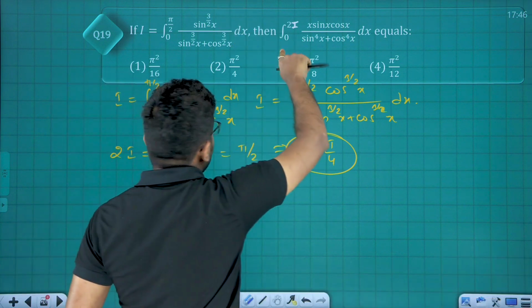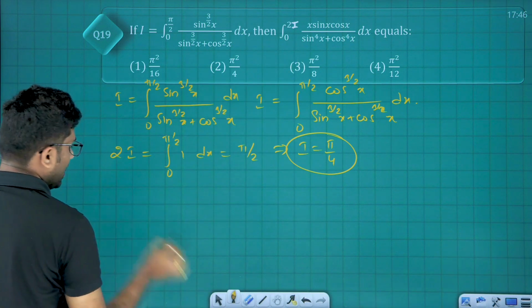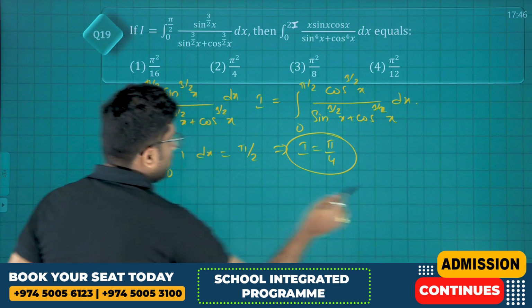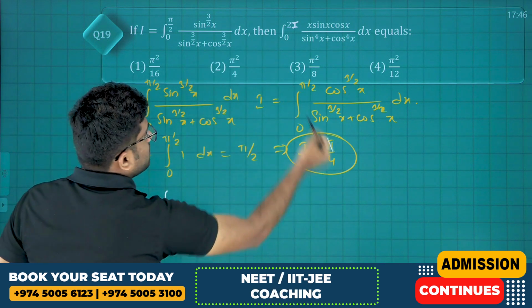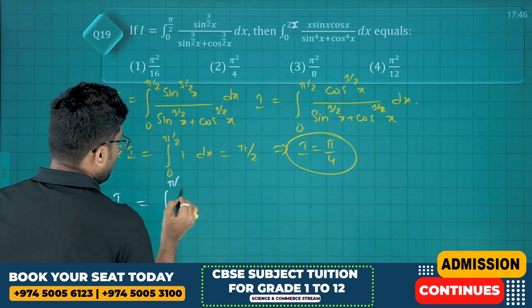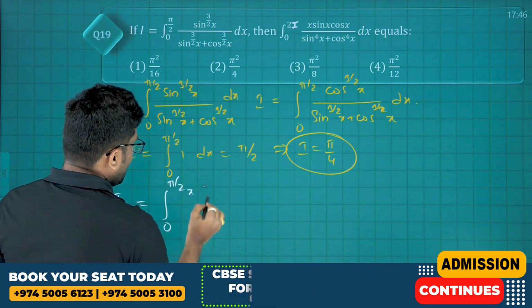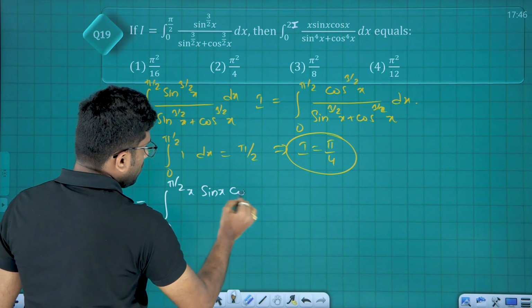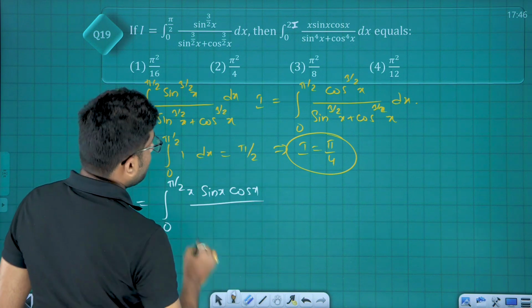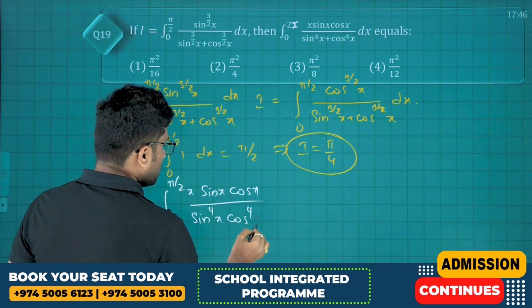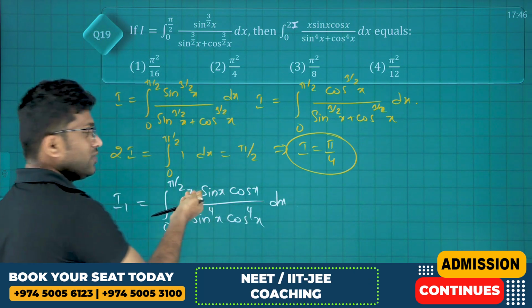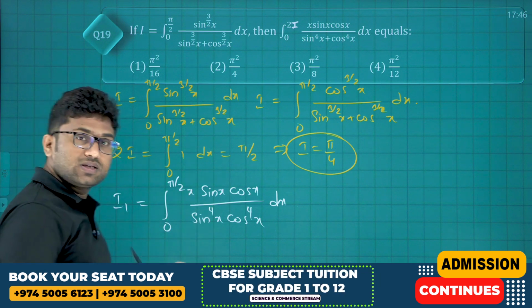Now another expression is, let's say that is some I1. I1 is equals to integral 0 to pi by 2, since I is pi by 4, x sin x cos x divided by sin power 4 x plus cos power 4 x. Many times we did this. How do we eliminate this? Just apply King's rule.